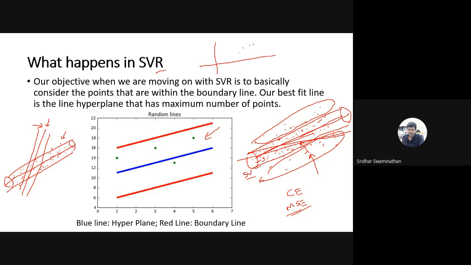So you are trying to build a pipe which will include everything. This is a virtual pipe, and you are not going to get any penalty for the samples within the pipe. The samples within the pipe are going to be called support vectors.